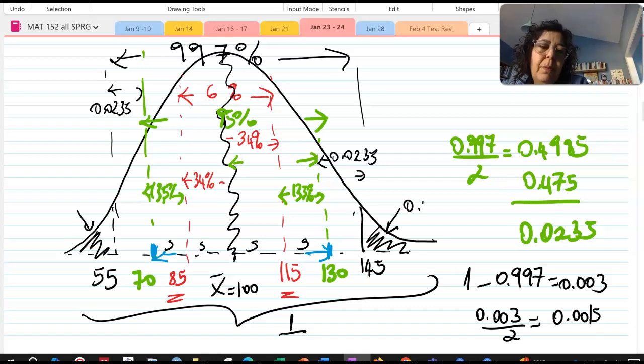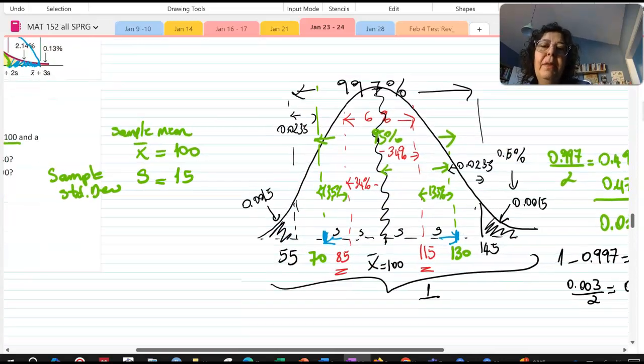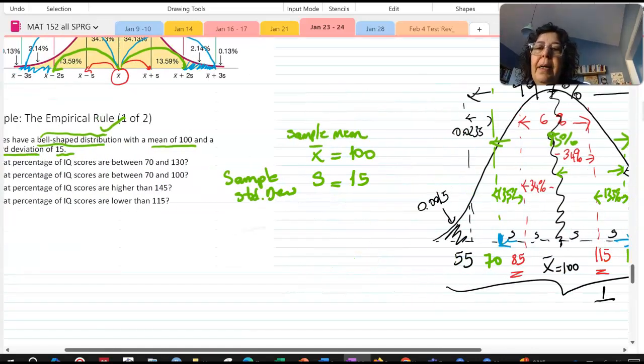So this will be 0.0015 and 0.0015. One more thing students are often confused by: that is a decimal, 0.0015. If you want to write it as a percentage, that will be 0.15%. Okay, so this was about the empirical distribution intro done with this example.